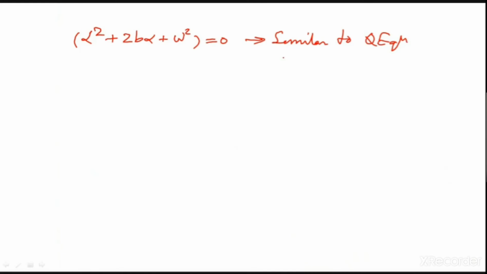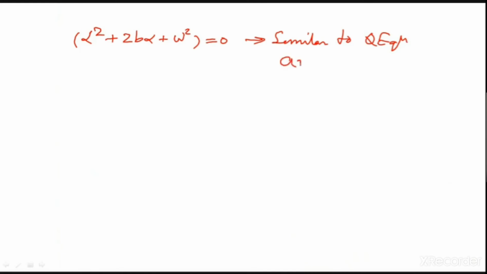I'll use the white screen. What we had so far is alpha square plus 2b alpha plus omega square, which should be 0. This is similar to a quadratic equation. What is that quadratic equation?